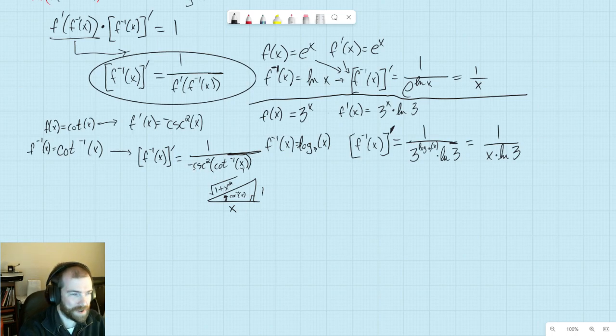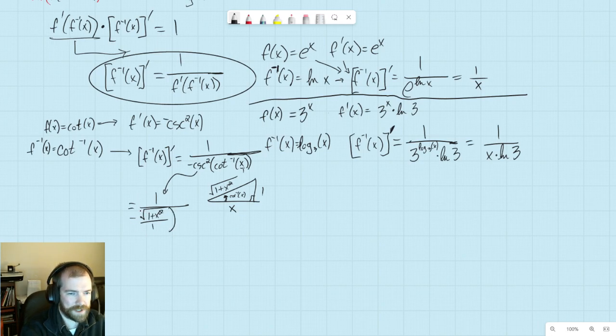So now, what's cosecant? Well, cosecant is 1 over the sine function. Sine is opposite over hypotenuse, but we want the cosecant, so it's the hypotenuse, the square root of 1 plus x squared, over the opposite, 1.